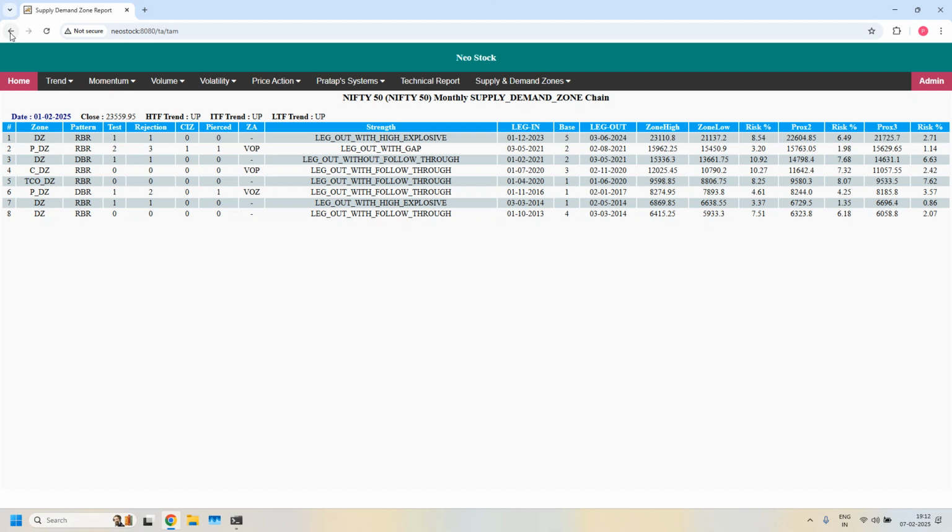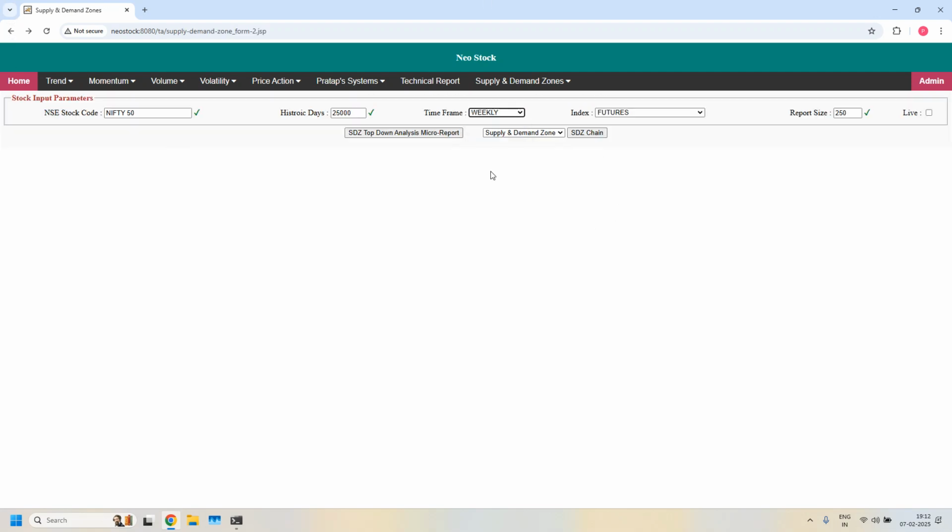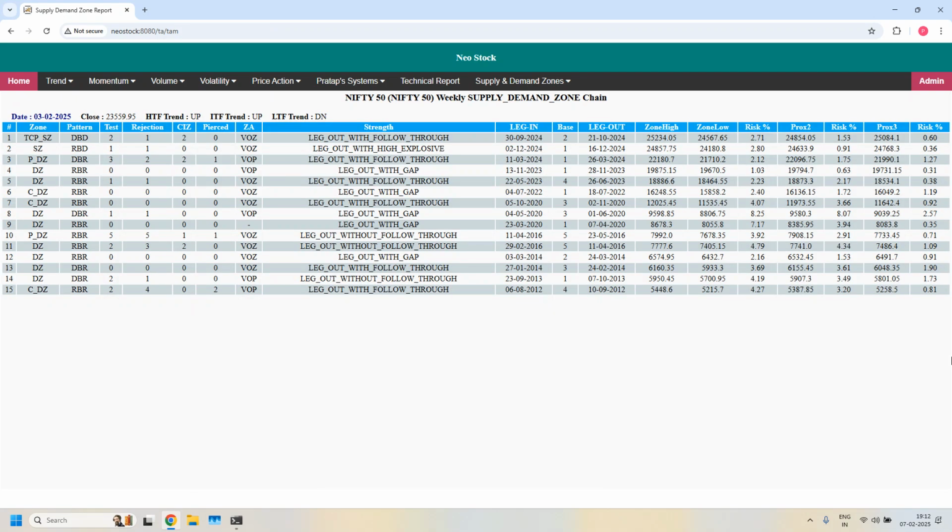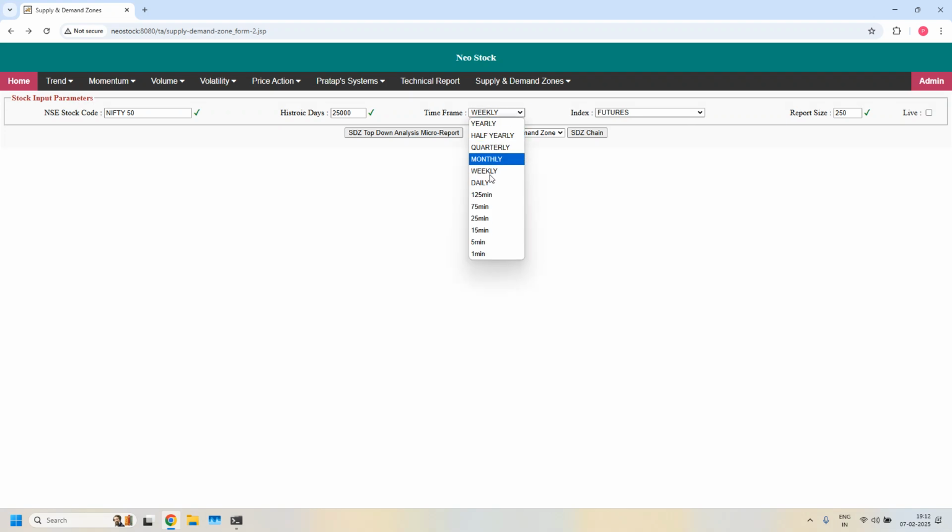Okay, next, weekly supply demand zone chain for NIFTY. Next, daily supply demand zone chain for NIFTY.